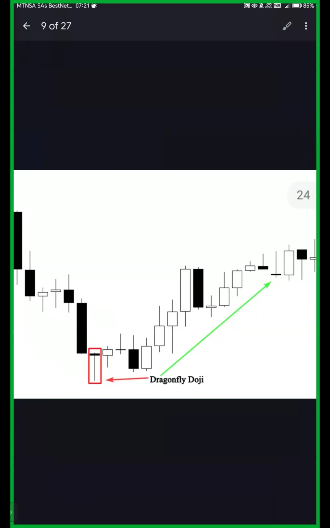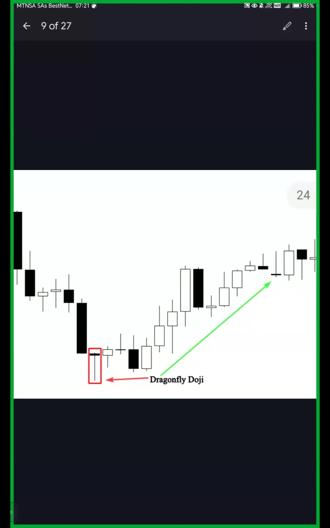When the Dragonfly occurs at the bottom of a downtrend, it is interpreted as a bullish reversal signal. The market will change direction to the upper side.